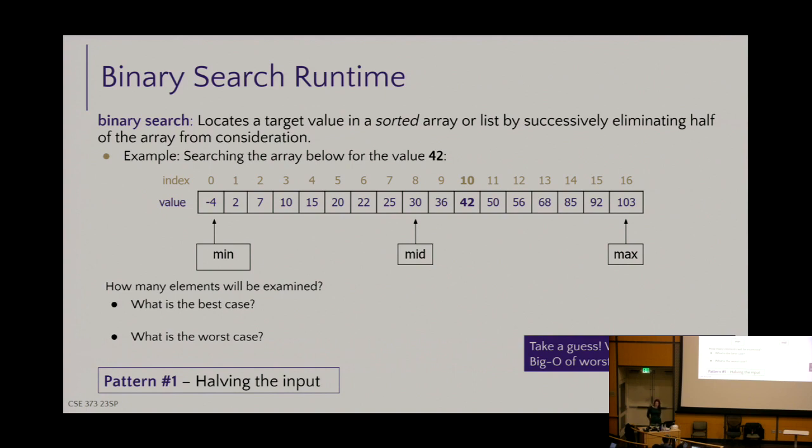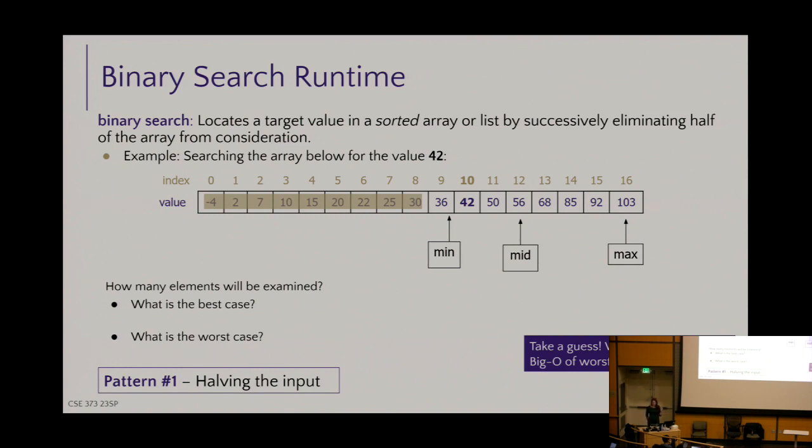And I'm going to say, hey, that value in the middle, it's 30. 30 is less than 42. So I can eliminate everything that's mid or less, and shift my focus to only the top half.